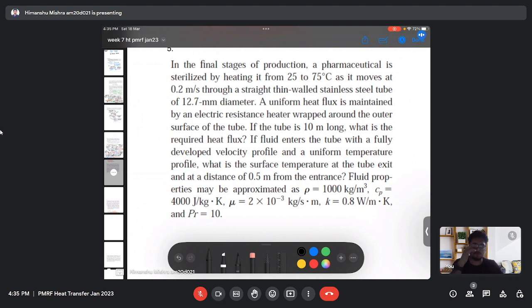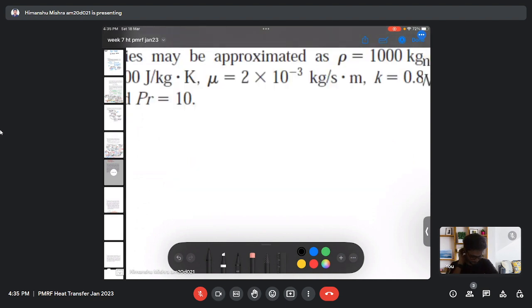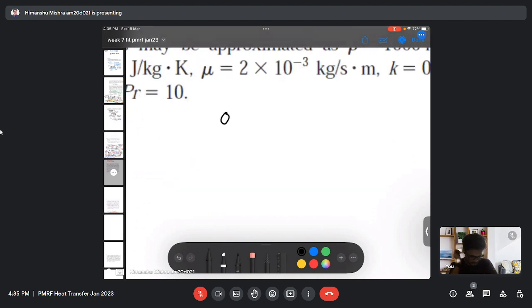And we have given the fluid properties. So we have a tube, and in this question we have given the constant heat flux condition. So until now we solved problems based on the constant temperature condition, but here we have given the constant heat flux condition.